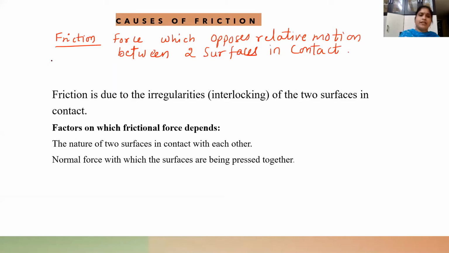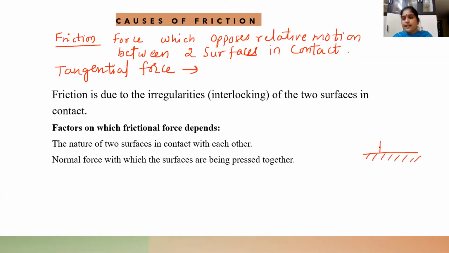Now when we study about friction, friction is a tangential force. Let us view an example to understand the tangential force. Consider a block having mass m. Its weight, mg, will act vertically downward.